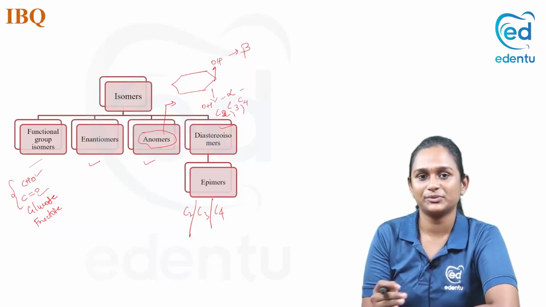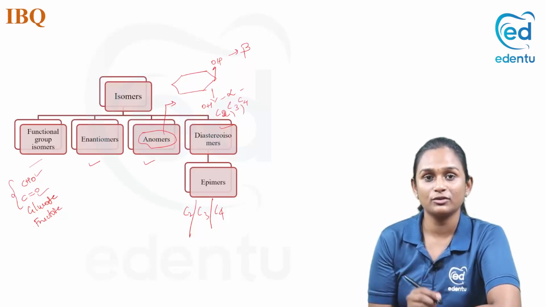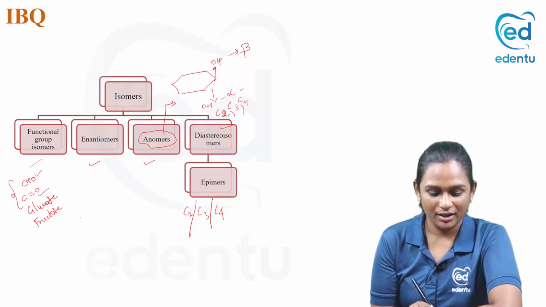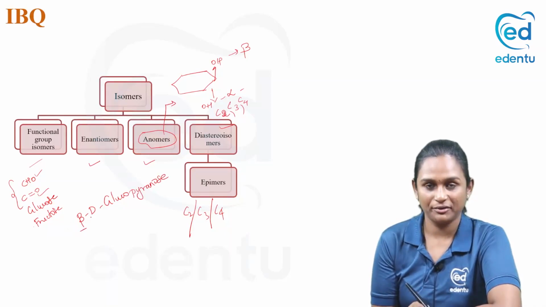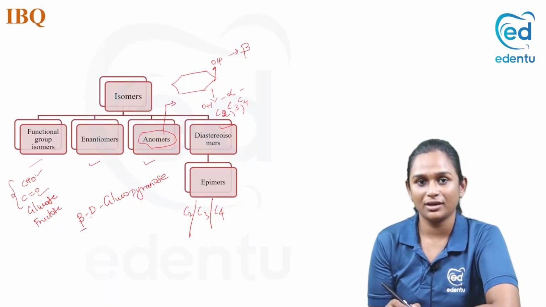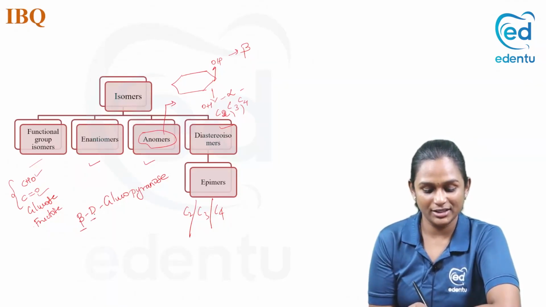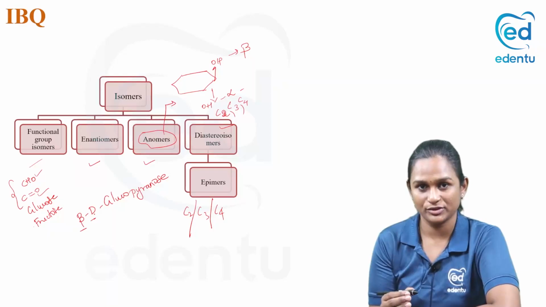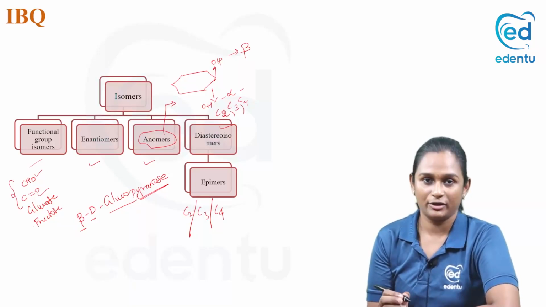Mostly glucose exists in the blood as beta-D-glucopyranose. In the newly formed asymmetrical carbon atom the hydroxyl group is above the plane, and predominantly it exists in the pyranose ring form.